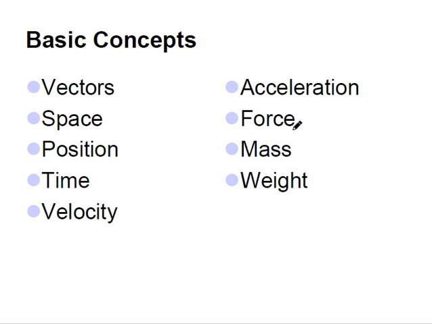And then you have your mass, which is how much matter an object contains, meaning we're studying what the object is made of, and how much of this stuff is composing the object. The stuff in the object is mass. And weight is when that stuff in the object is affected by another force like gravity. So the force exerted on the mass is going to give you the weight.